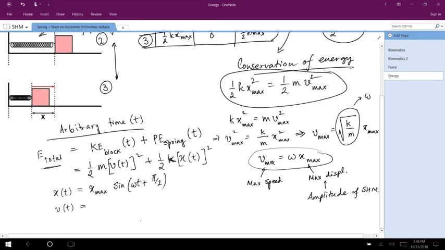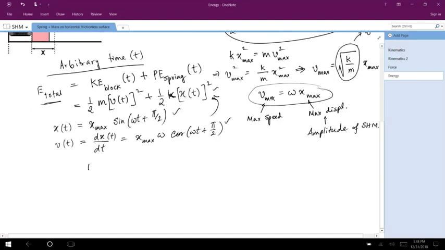Okay? And the velocity, in order to find the velocity, we just take a time derivative of position. So dx dt is equal to x max times omega times cosine of omega t plus pi over 2. Okay, so let's take this one and that one and plug these two into our total energy expression.